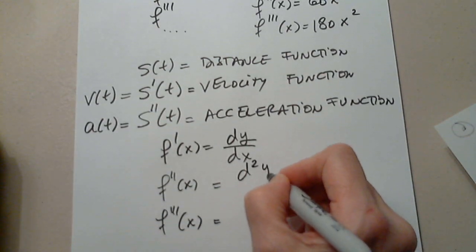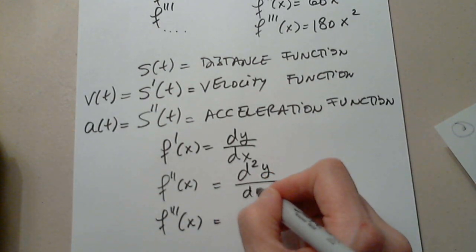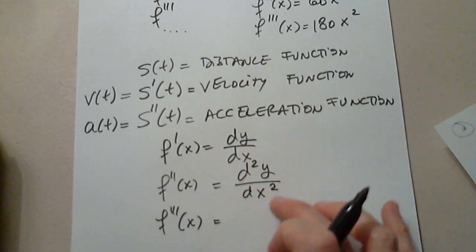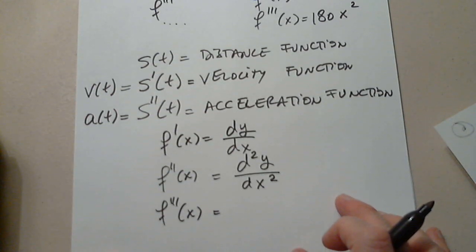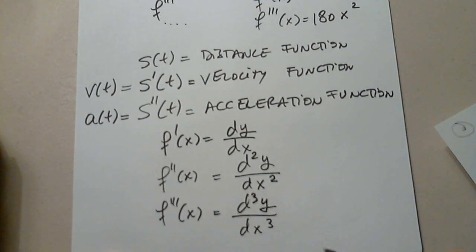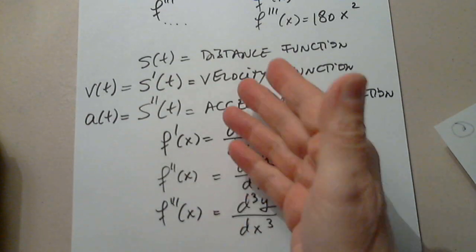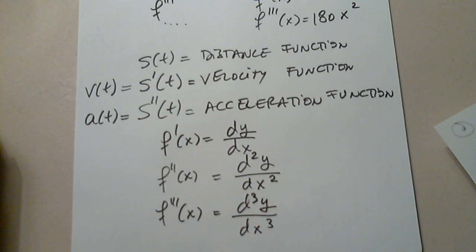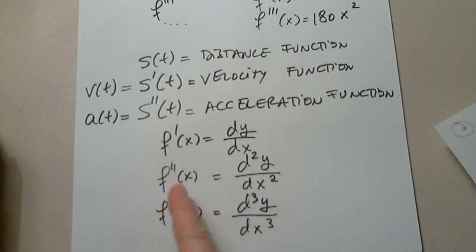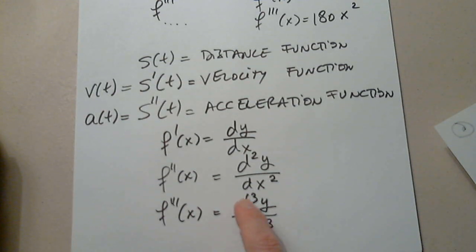The second derivative of y with respect to x twice, d2y over dx2, d3y over dx3 will be the third derivative. Just for you to know that there is another notation. d2y over dx2 means the second derivative. d3y over dx3 means the third derivative, and so on and so forth.